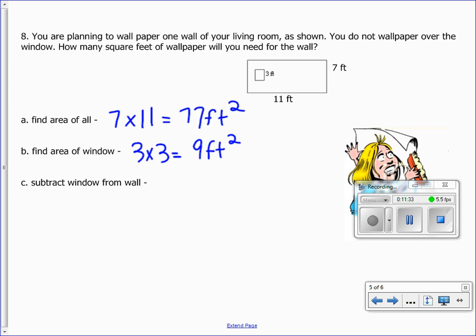Now, we don't want to wallpaper the window, so you're going to take 77 minus the 9, and the area that you're going to want to wallpaper will be 68 feet squared. Please be familiar with how to do this, because you will see this again in your classwork, quizzes, and tests.